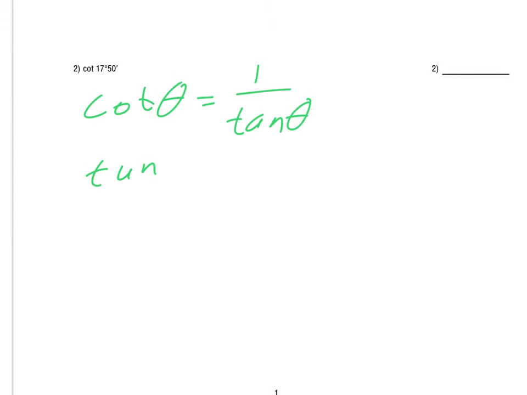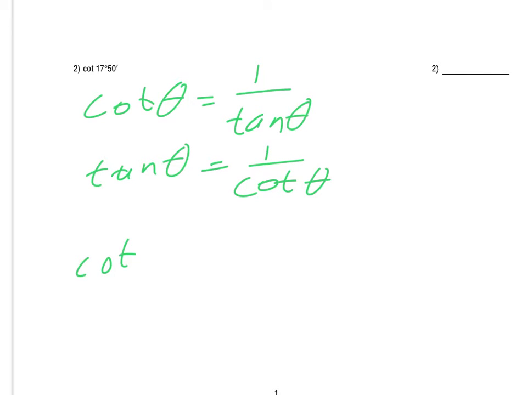Second one is a little bit tricky with the cotangent. Of course, we don't have a cotangent key on the calculator, so recall that cotangent of some angle theta is equal to 1 over the tangent of theta, or vice versa, the tangent of theta equals 1 over the cotangent of theta. Those are just the reciprocal identities. In this case, we have the cotangent of theta, so it's going to equal 1 over the tangent.